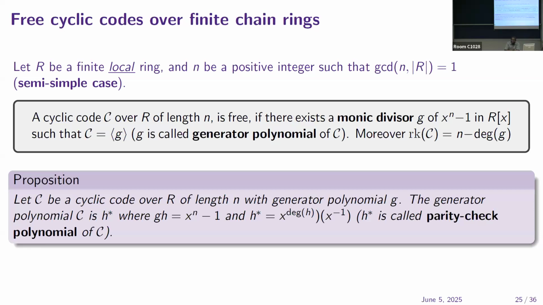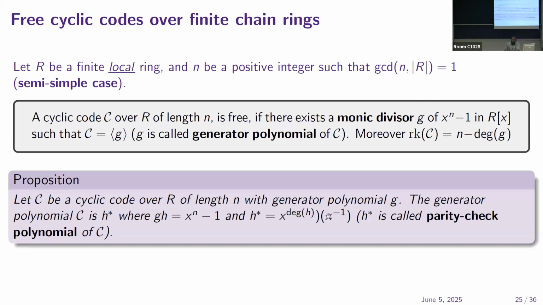The generator polynomial of the dual of C is called the parity check polynomial. So, if g is the generator polynomial of C, the generator polynomial of the dual is h star, where gh is x^n minus 1.